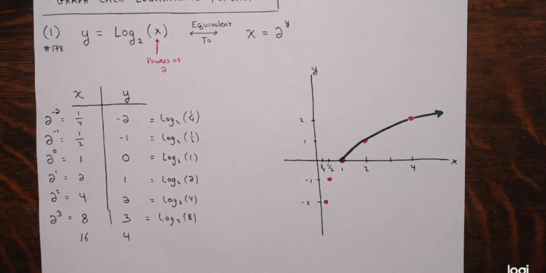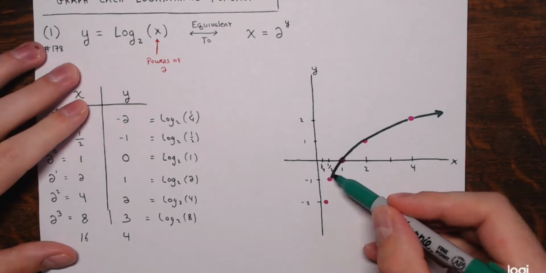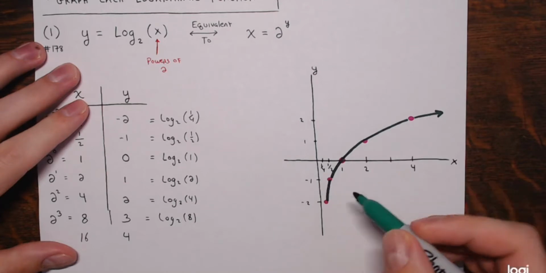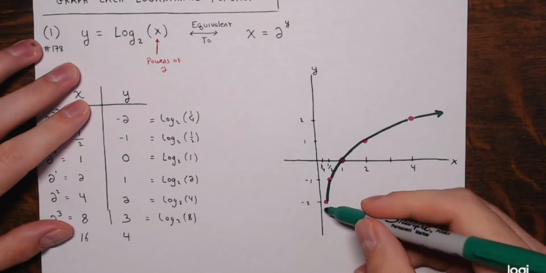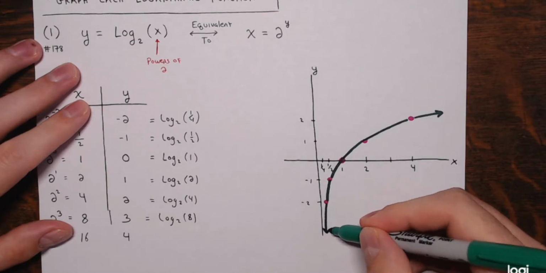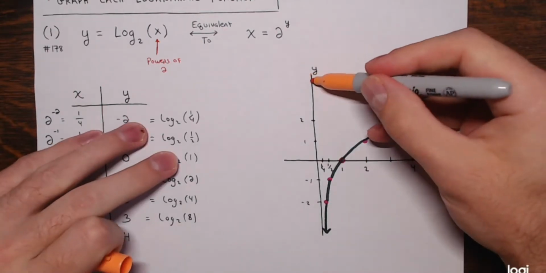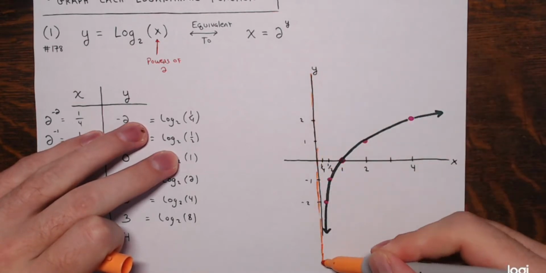All right, and then if I move left of the point 1, 0, I curl down to this point here, getting closer to the y-axis. Then to this point here, getting closer to the y-axis. Like the exponential functions had a horizontal asymptote, these logarithmic functions have the y-axis as a vertical asymptote. So I'll highlight the y-axis here.